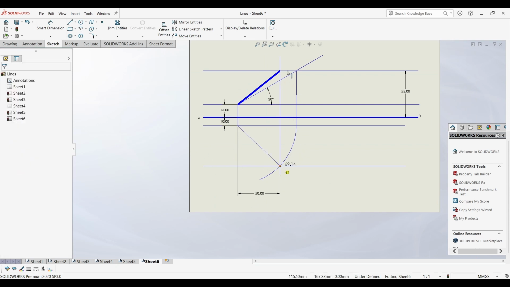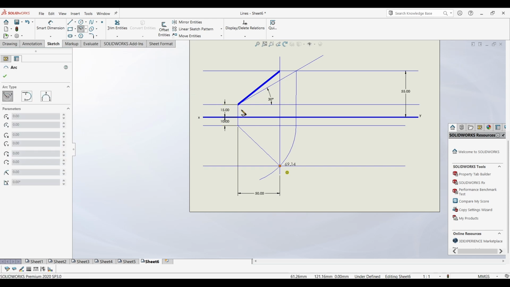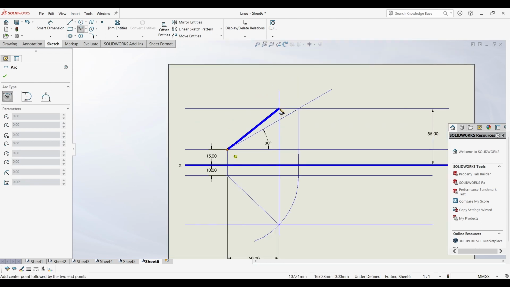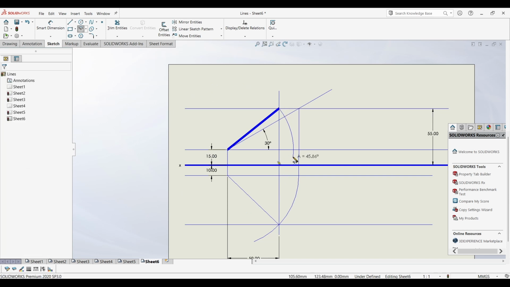Done. And then from here I have to do another center point arc, taking from point A dash. Then we draw the center point arc from here. I was facing a little issue with that. Yeah, this is the point.